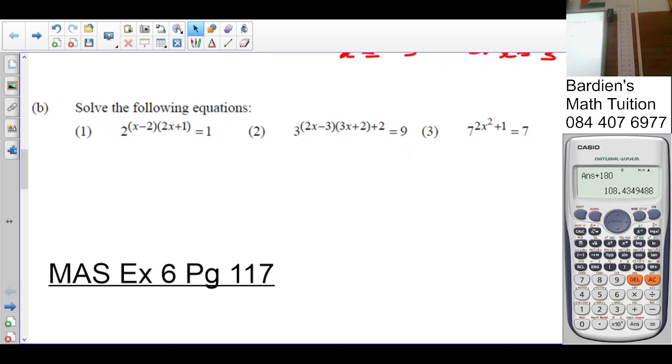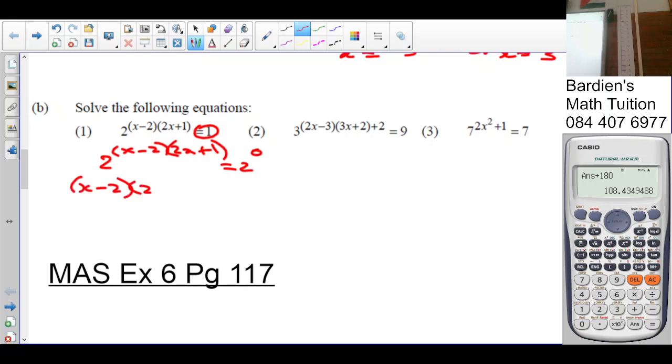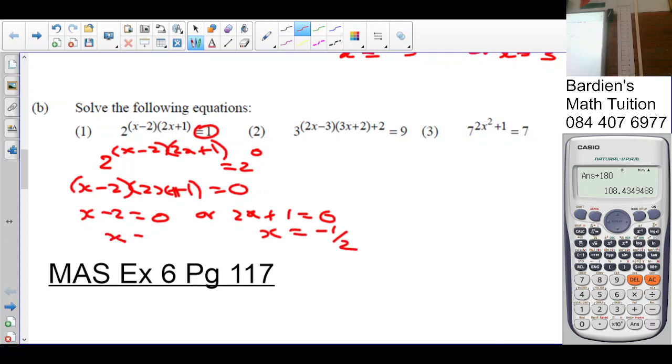Part of it, just look here quickly before you leave. You see here, it will be 2 to the (x minus 2)(2x plus 1) equals, now 1 can be written as 2 to the 0. So we've got (x minus 2)(2x plus 1) is equal to 0, so x minus 2 is equal to 0, or 2x plus 1 is equal to 0. x is minus half, so x is equal to 2 or negative half.